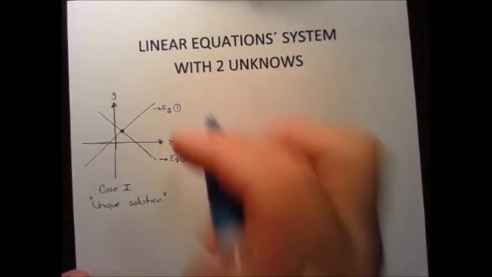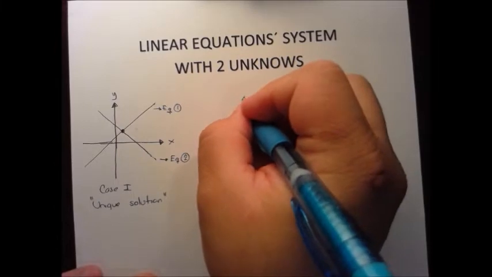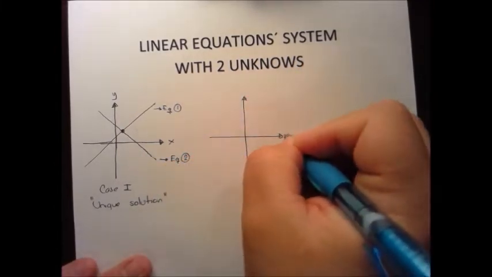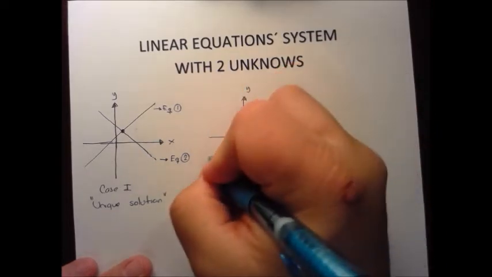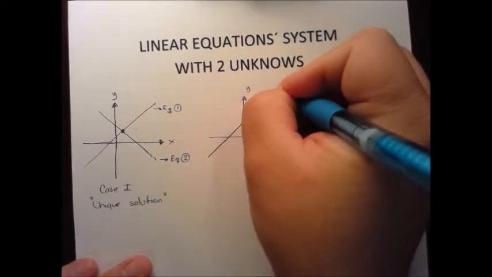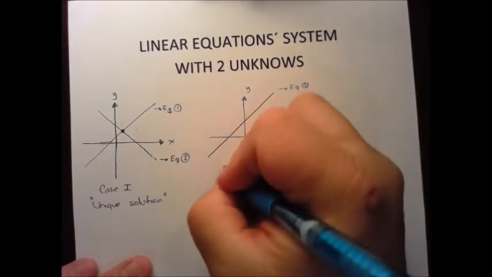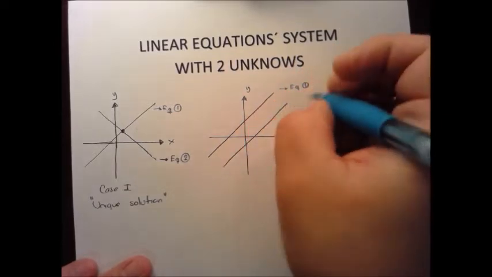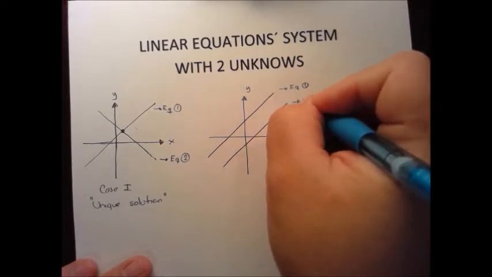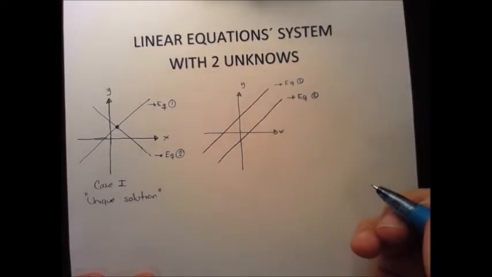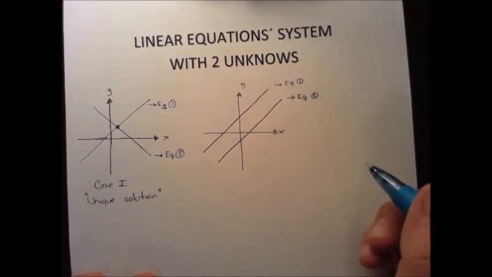Okay, let's continue with case number two. What about if I have x and y? Maybe this is going to be equation number one, and this is going to be equation number two. What is the principal characteristic that you can see? Both equations are parallel.